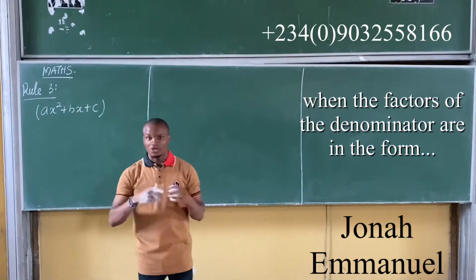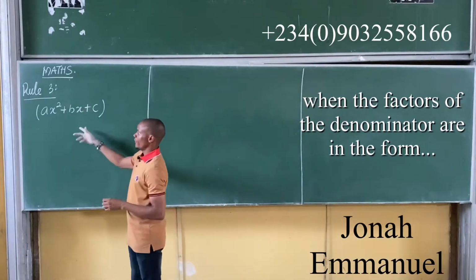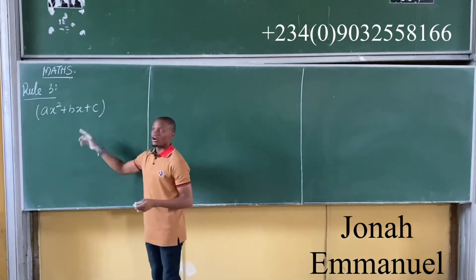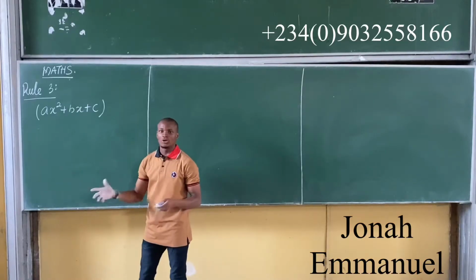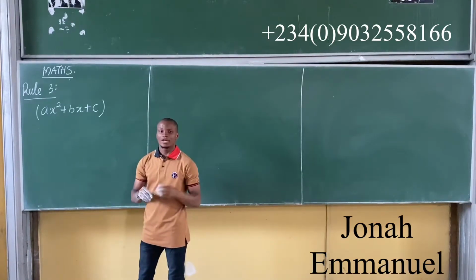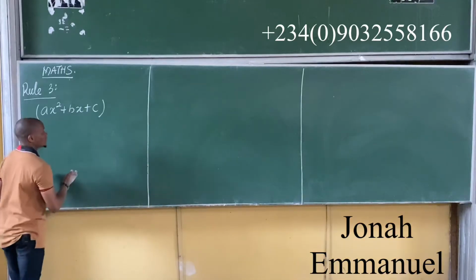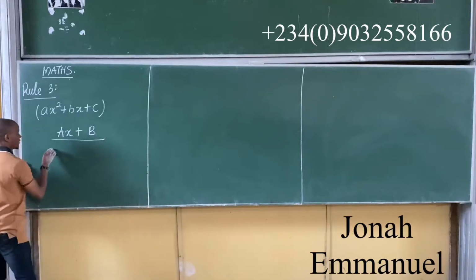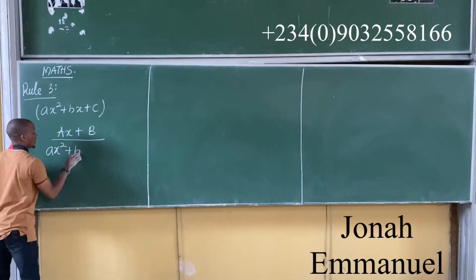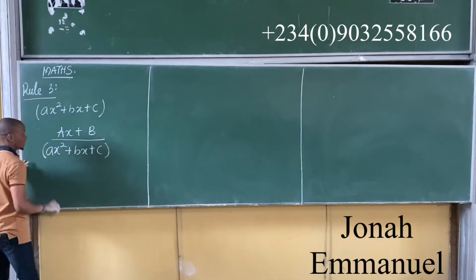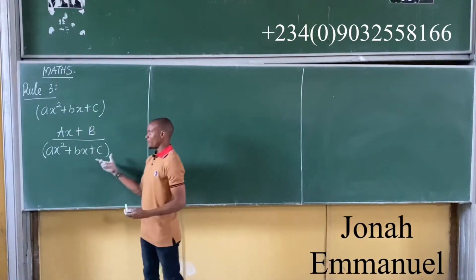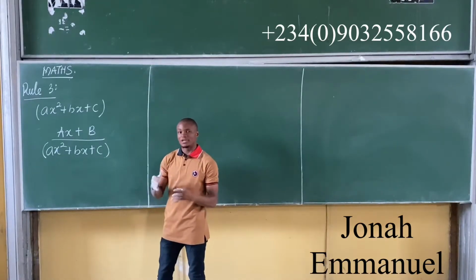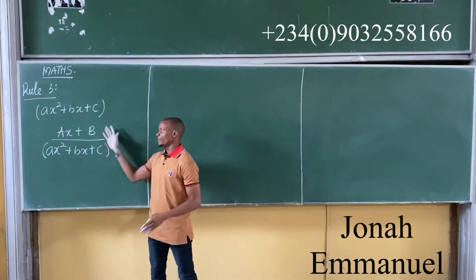So when the roots of the equation of the denominator are in the form ax squared plus bx plus c, where this becomes a non-factorizable quadratic equation, then the partial fraction comes in the form ax plus b all over ax squared plus bx plus c. So this becomes the form for a partial fraction where the denominator is quadratic and at the same time is non-factorizable. I'll have this form.